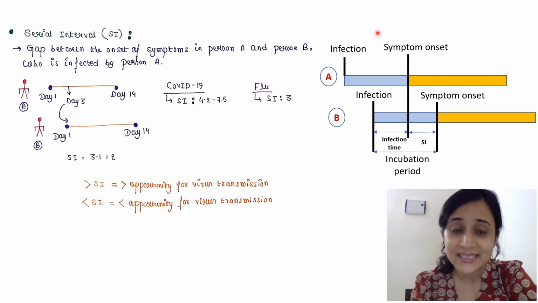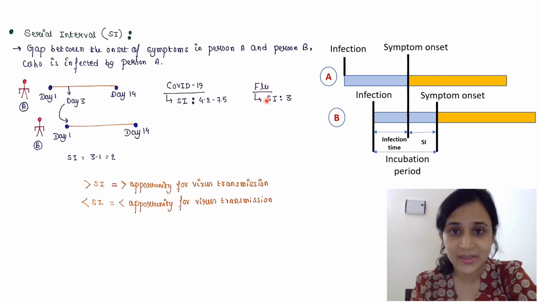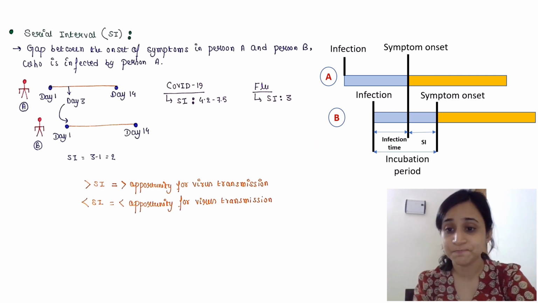And if the SI is larger, you will take more time to know about the disease, and by that time you will already have spread it. For COVID-19, the SI is very high. It is 4.2 to 7.5. For common flu, SI is lower. It is just 3. This makes COVID-19 even more dangerous.